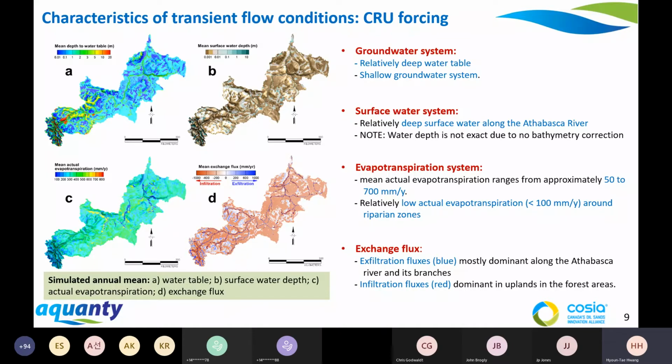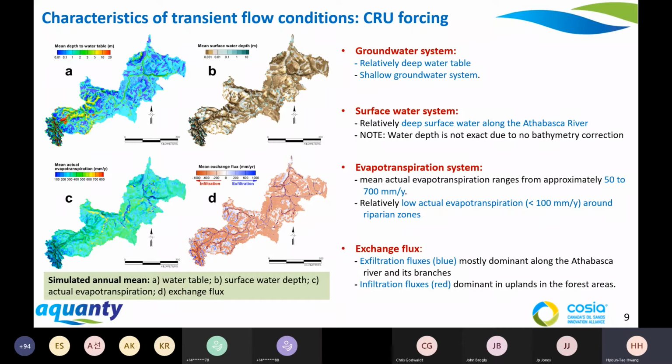And bottom left shows actual evapotranspiration. Overall average is about 450 millimeter per year, which is matching well with the observation. And as you can see, there is a slight increase in actual evapotranspiration in the midstream and downstream area. And bottom right shows the exchange flux distribution, which consists of infiltration and exfiltration.